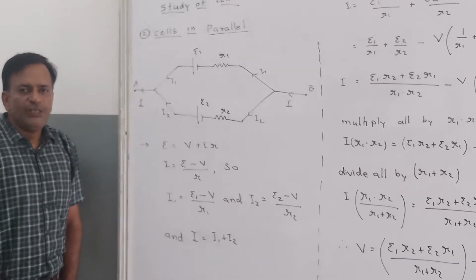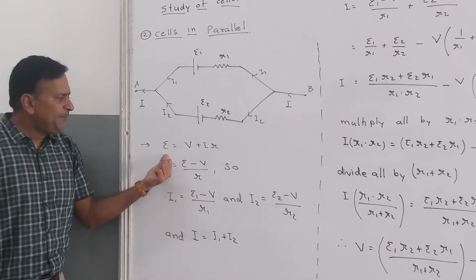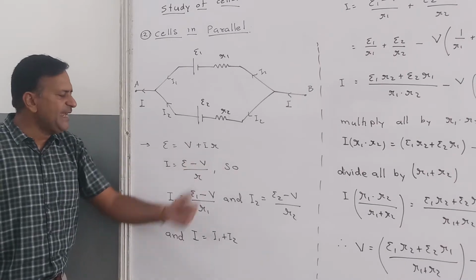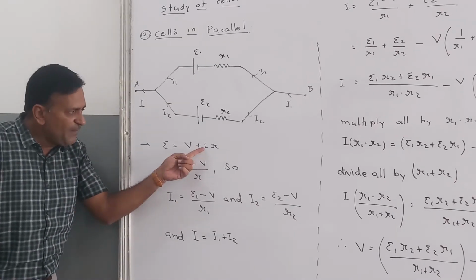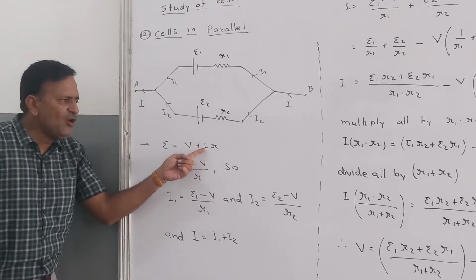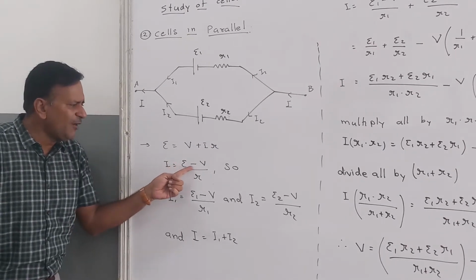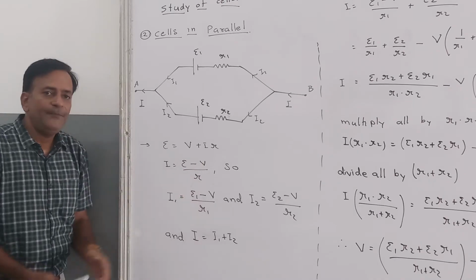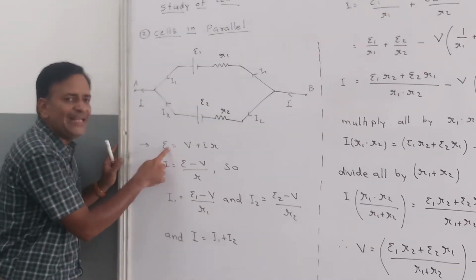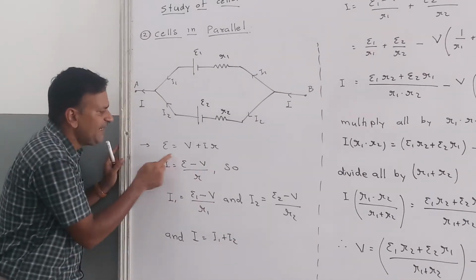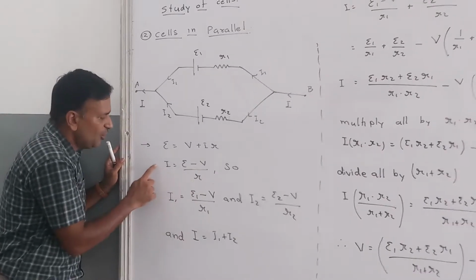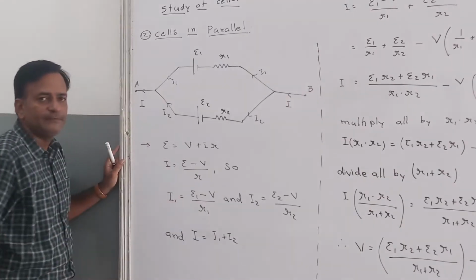Now the cell equation. What is the cell equation? Epsilon is equal to V plus IR. So from here, what is the value of I? I is equal to epsilon minus V over R. Bring V on that side, it becomes minus V, gets divided by R. So this is the current.